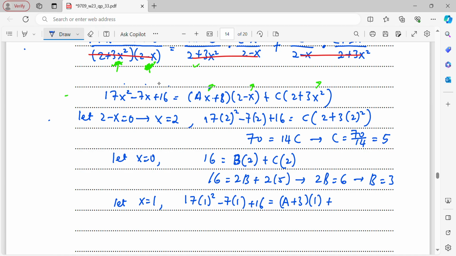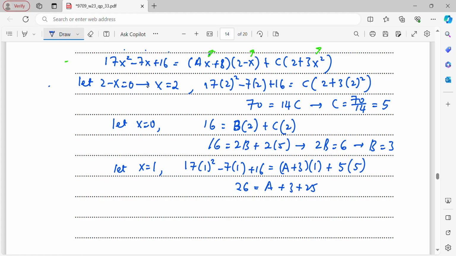Plus c, and c is 5, then 2 plus 3 times 1 squared is 5. The left-hand side gives 26. The right-hand side is a plus 3 plus 25. Therefore a is 26 minus 28, which is negative 2.